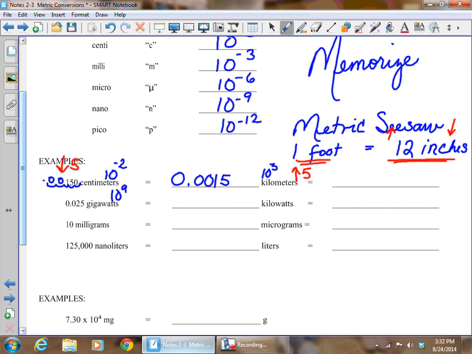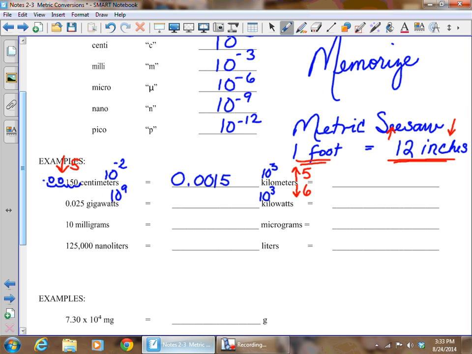Kilo, we just established that kilo was 10 to the third. So what happens to the unit this way? This time we're going from 10 to the ninth to 10 to the third. From 9 to 3, we have gotten smaller for our units by 6 places.